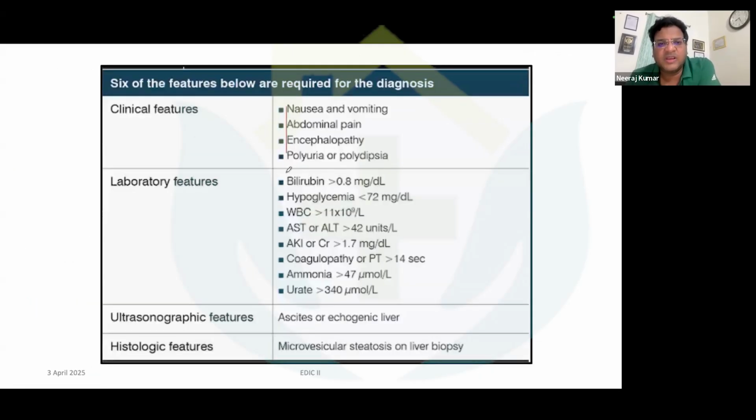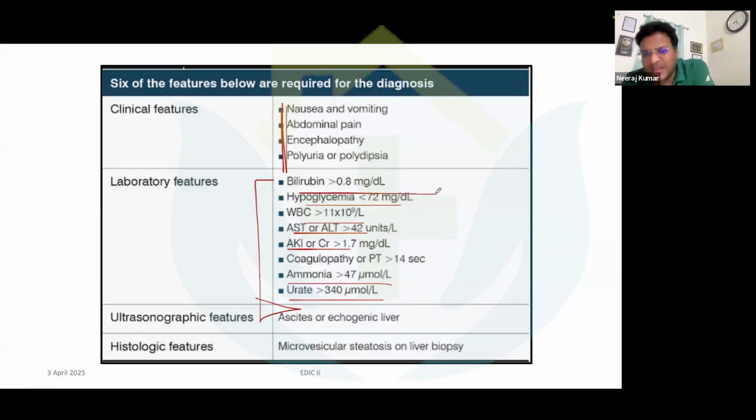These are the clinical features, but lab features they used to ask many of the times. So ammonia, urate, your coagulopathy, your AST/ALT, WBC count, hypoglycemia, bilirubin, all will be there. And the patient having microvascular steatosis on liver biopsy, because it's related to your Swansea criteria only. So no macro, only microvascular steatosis on liver biopsy.